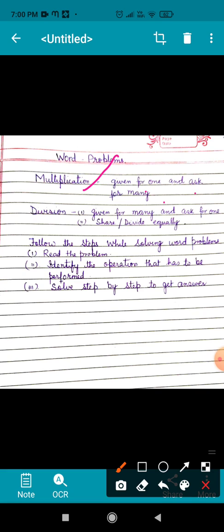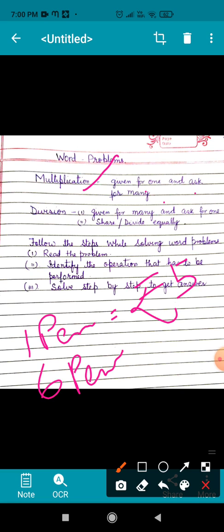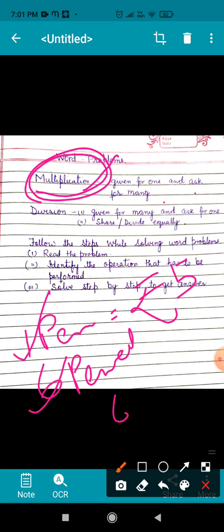For example, one pencil costs rupees 5 and you have to find out the cost of 6 pencils. Then what will you do? Given for one, ask for many means we have to apply multiplication. So 6 fives are 30. It means the cost of 6 pencils will be 30 rupees.